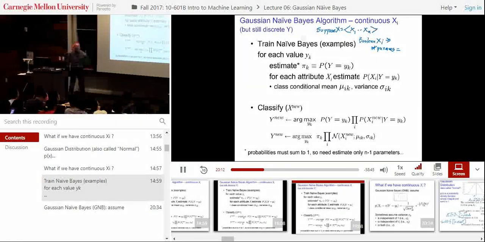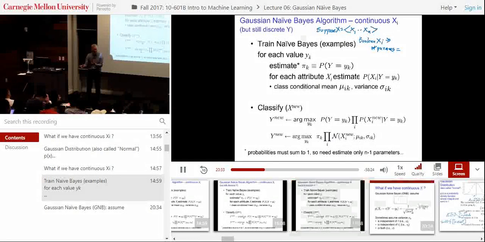Which is one parameter for getting pi sub k, for getting the priors. And then for each of our x sub i's, we had to estimate 2 parameters. The probability that x sub i would be 1 given that y was 0, and also, because they don't add to 1, the probability that x equals 1 given that y equals 1.